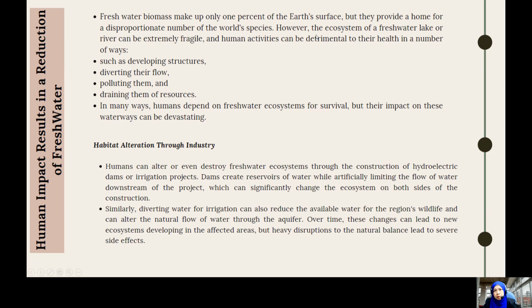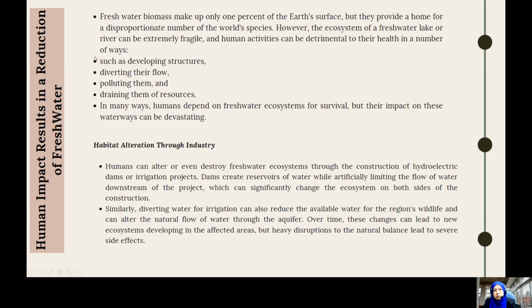However, our ecosystems in freshwater lakes and rivers can be extremely fragile, and human activity can be detrimental to their health in a number of ways.